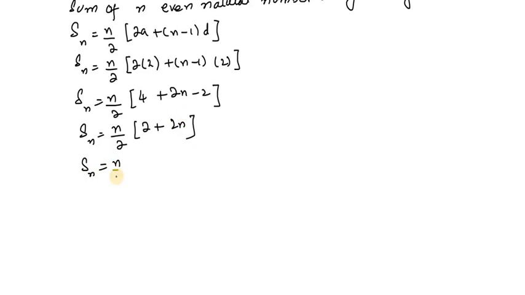We can take 2 as common. So n plus 1, 2 and 2 cancel. So the sum of n terms is n of n plus 1.